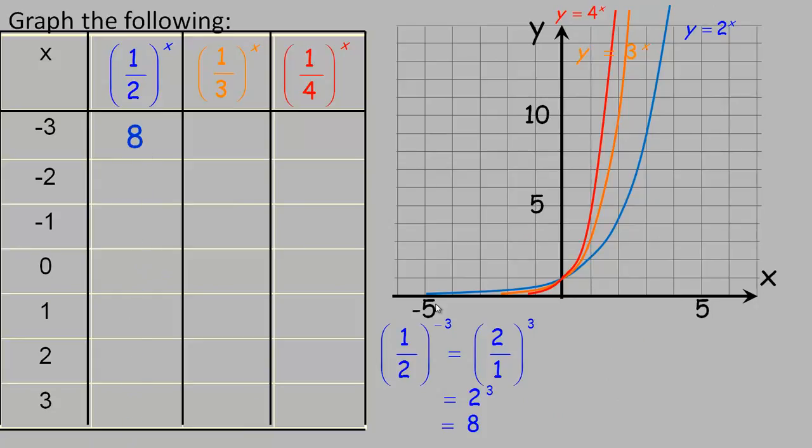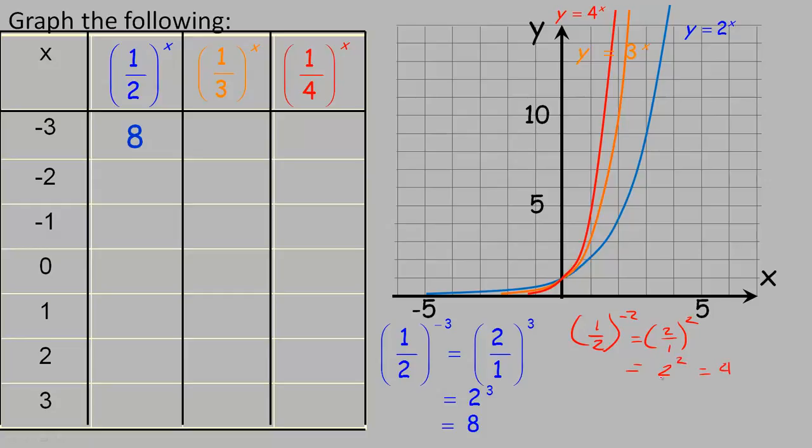And then the next one, when we put the negative 2 in place of x here, it's going to look like this. It would be a half to the negative 2, which would be the reciprocal of the half to the power of positive 2. So basically, it's 2 squared, which is 4.